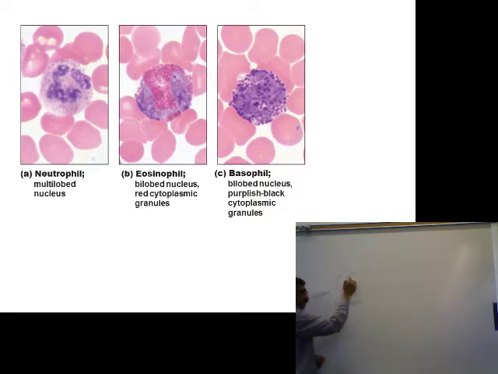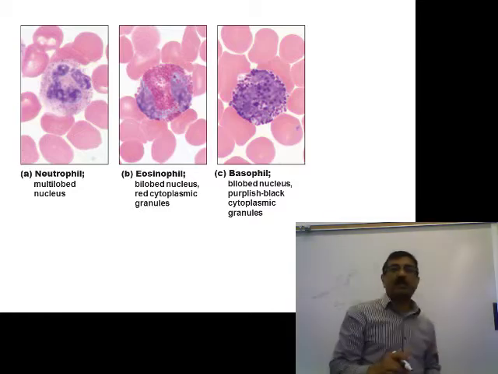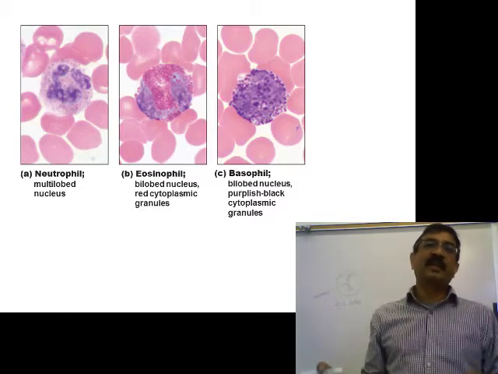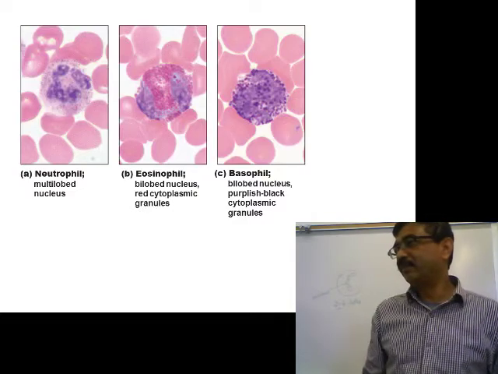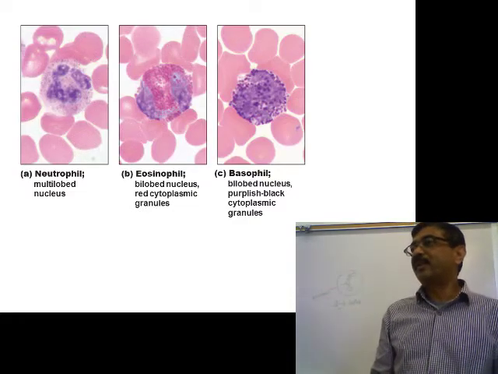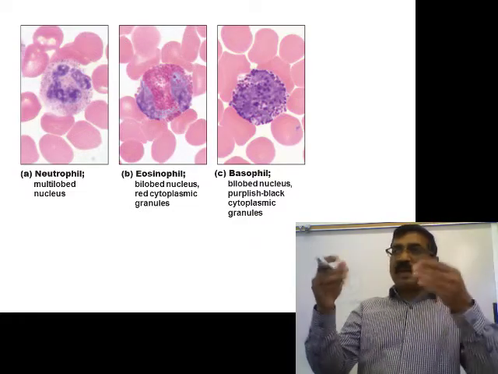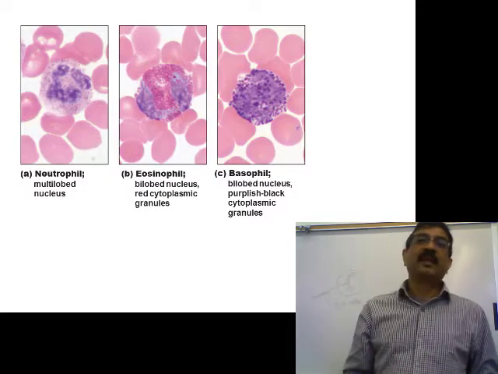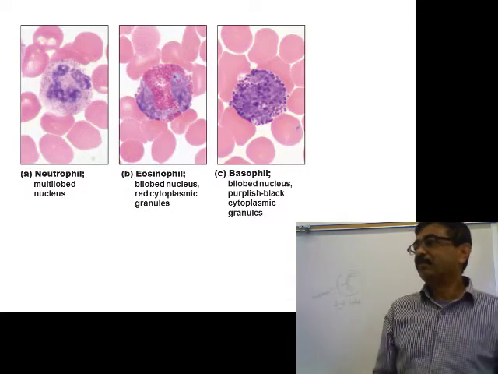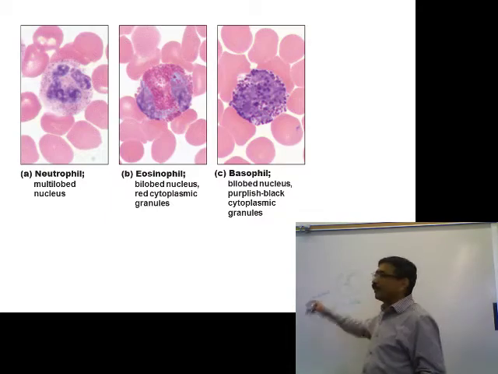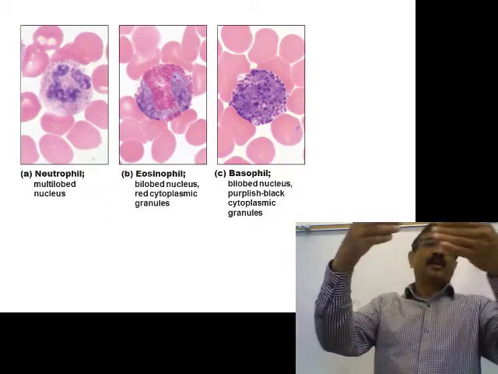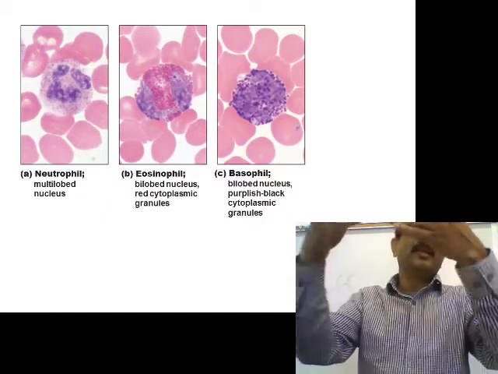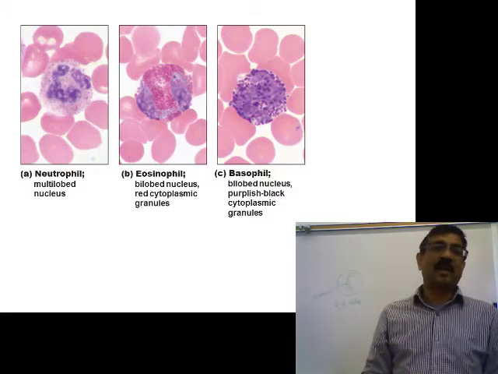Cytoplasmic granules: since it is a granulocyte, it has granules. The granules take both acidic and basic dyes. So what happens? Both acidic and basic dyes interact and neutralize each other.